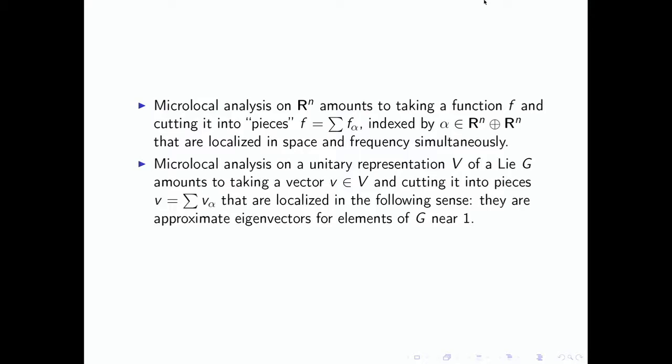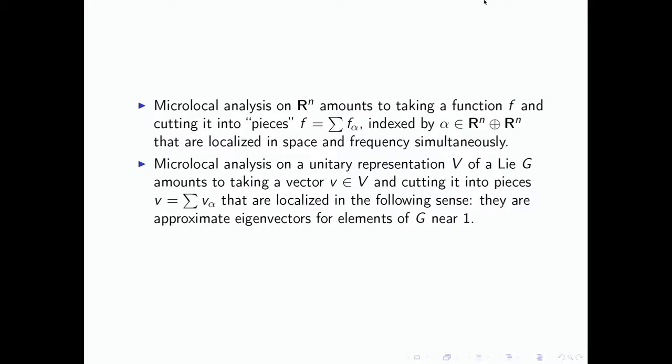So here I have a representation of a Lie group, and in the example of spherical harmonics, that group would be the rotation group. And the analog of this is you start with a vector, and I want to cut it into pieces, again, that are localized but in a different sense. They are approximate eigenvectors for the group near the identity.